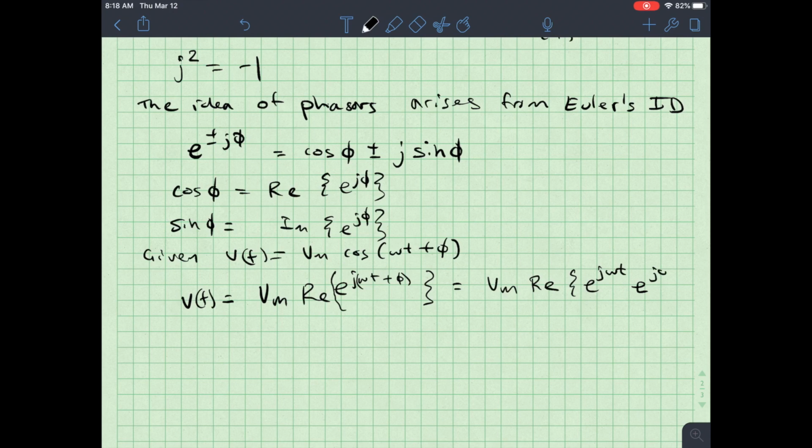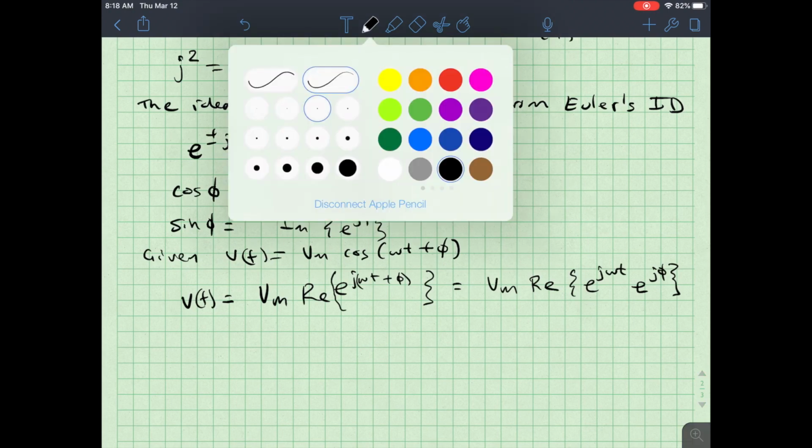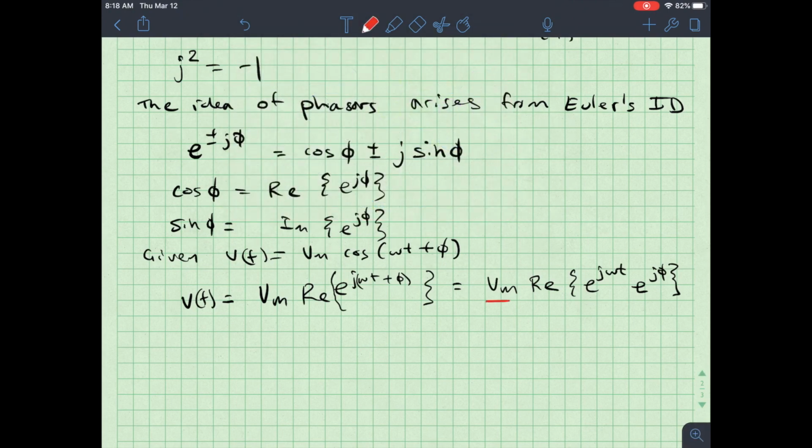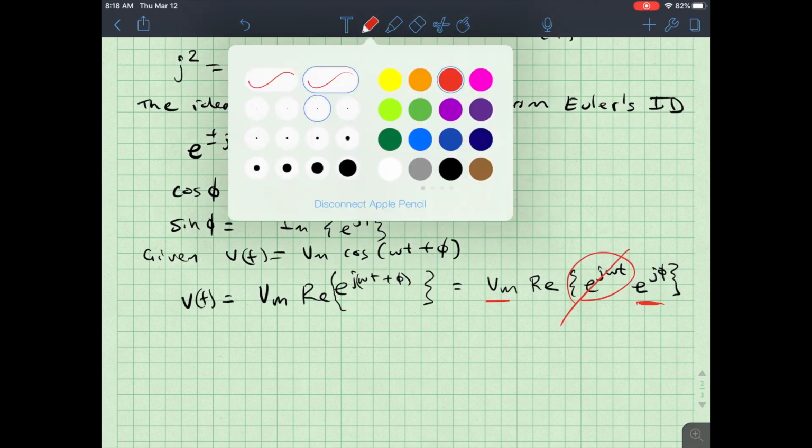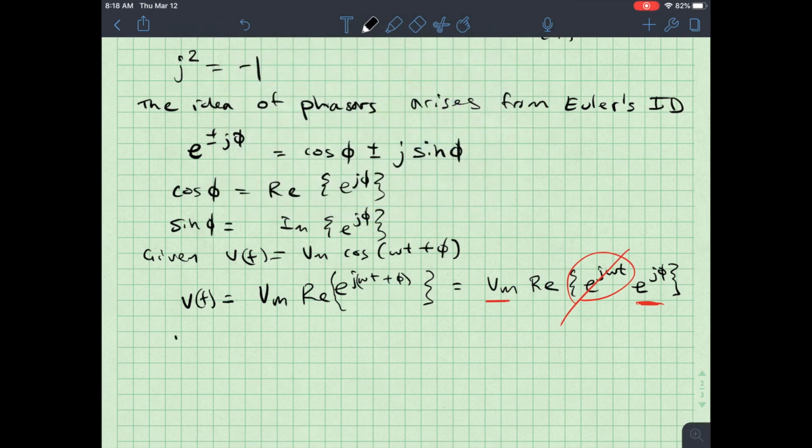And to make this stick, we're going to keep the part which we're calling Vm, the amplitude, and e to the j phi, and then ignore the rest. I'll collect those things together and call them V phasor. Depending on what textbook you use, you may see this as a bolded letter, but I can't write in bold, so I use a vector.